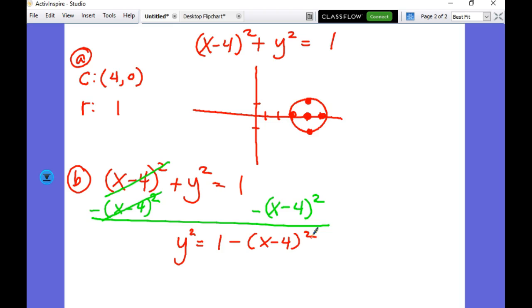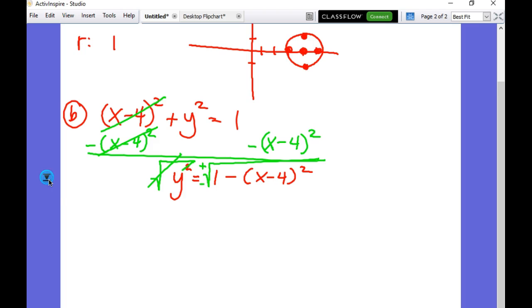Then, to get the y by itself, we will square root both sides. Now, on the left side, the square root cancels with that square. But on the right side, don't forget this: you get a plus and a minus.